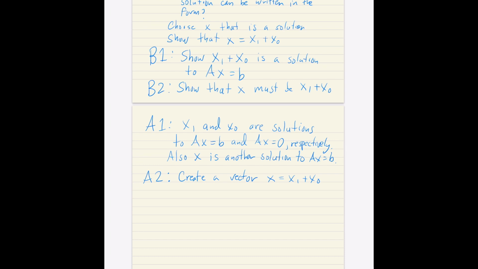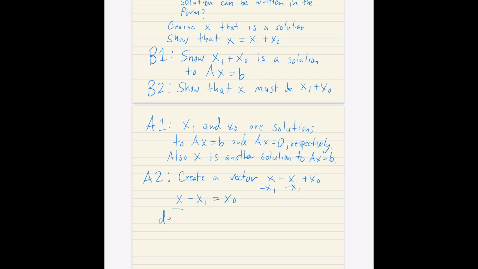We can subtract x1 from both sides. So we have x minus x1 equals x naught. And the reason we do that is because we have a vector x, and I want to do something to it. So the only thing we can really do here is subtract from it. And then we're going to show that that is a solution.